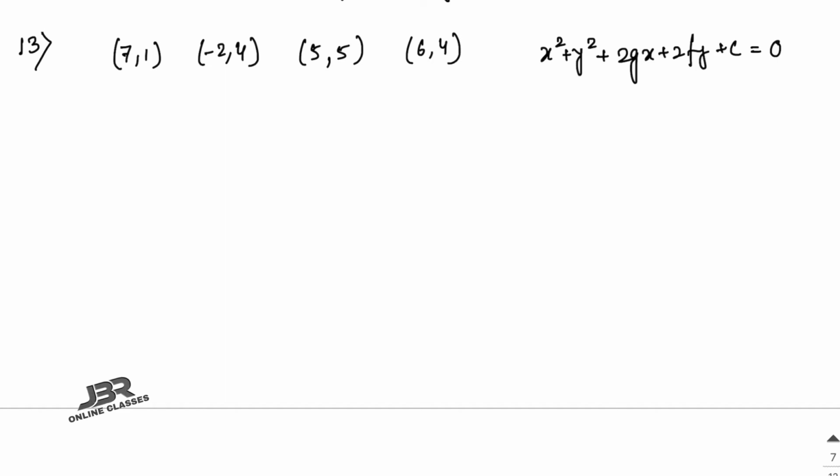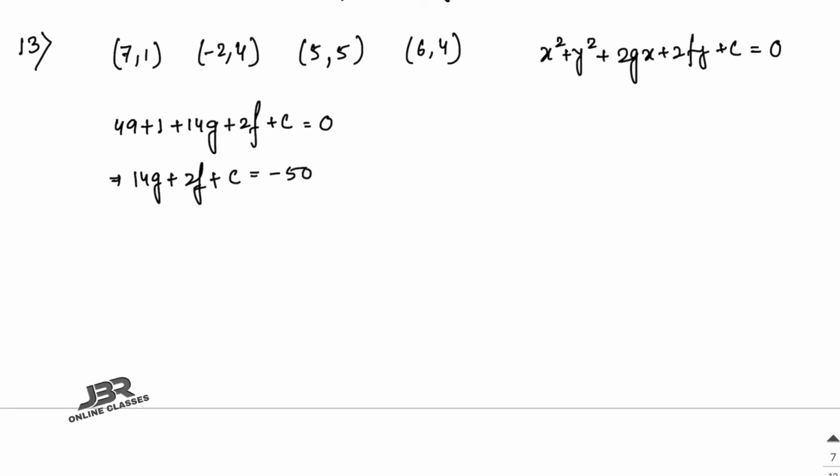If you put 7 and 1 in this equation, it will be 49 plus 1, then 14g, then 2f plus c equal to 0. So that means 14g plus 2f plus c equals minus 50. Put it as equation number 1.